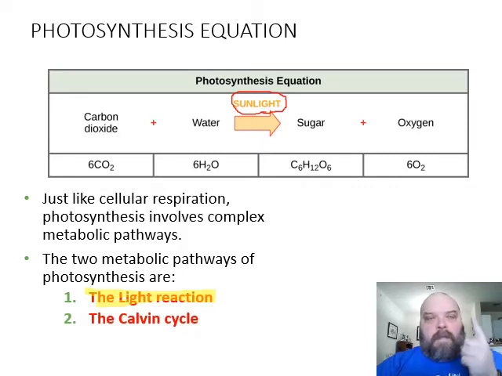So light reactions harness solar energy. They will utilize that solar energy, as we're going to see over the next couple of lectures, to excite electrons. Excited electrons are then going to pump hydrogens, and those hydrogens are going to flow through an ATP synthase. All that ATP is then going to be used for the Calvin cycle.